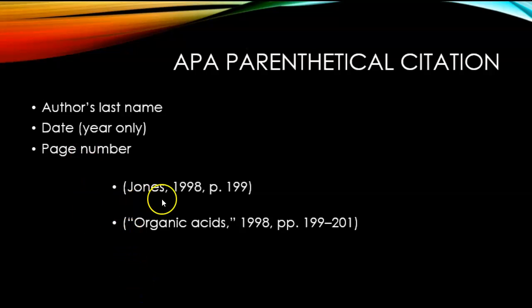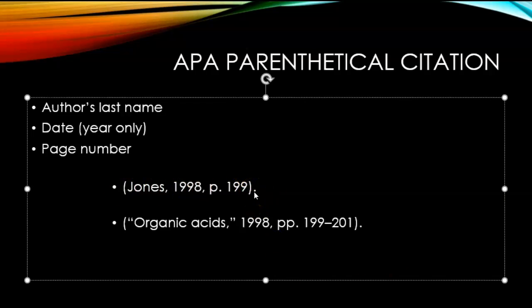As shown in this example, provide author's last name, comma, year of publication, comma, the letter P followed by a period, and then the page number, all within closed parentheses, followed by a period.